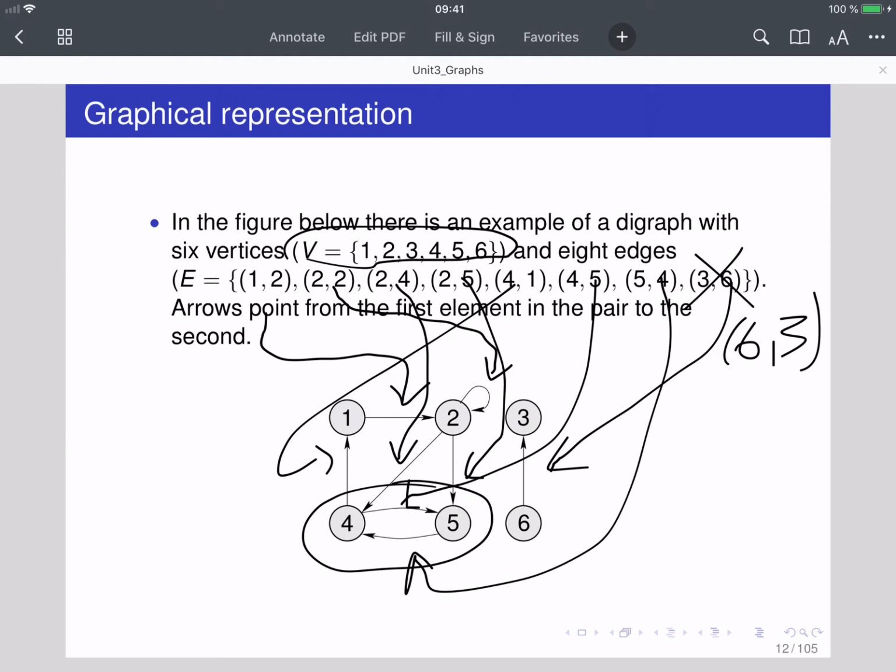So we can have simple graphs, which are the main ones that we are going to work with, but we can also have multiple graphs in which we have more than one connection between each pair of vertices.